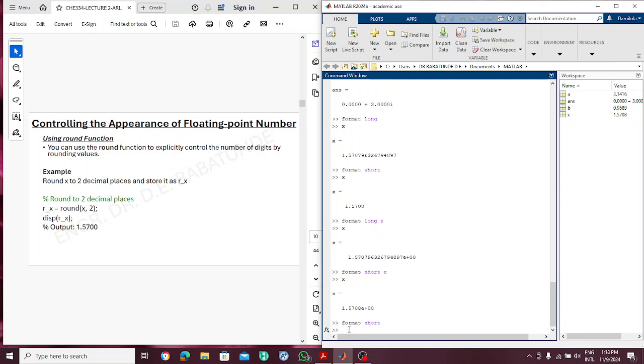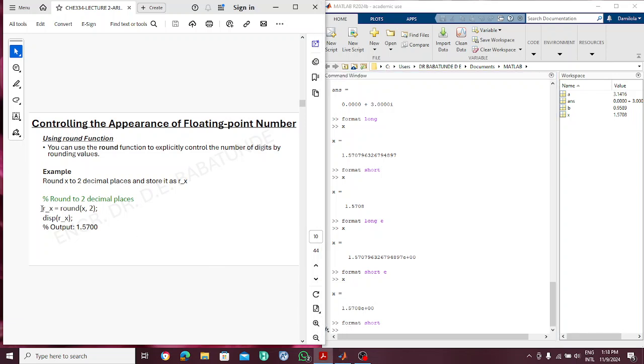So let's say, for example, the x variable that we have created, we want to round it to 2 decimal places and store it in what we called r_x in this case. So this is the syntax to do that.